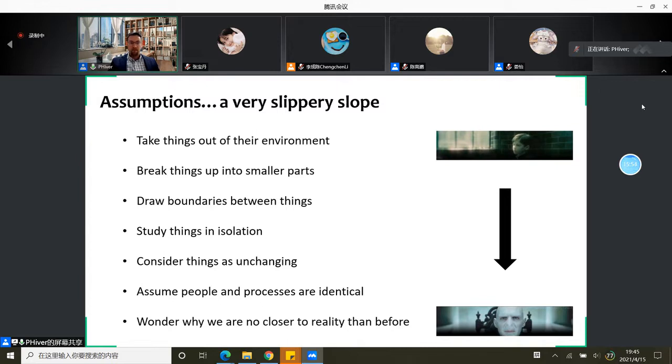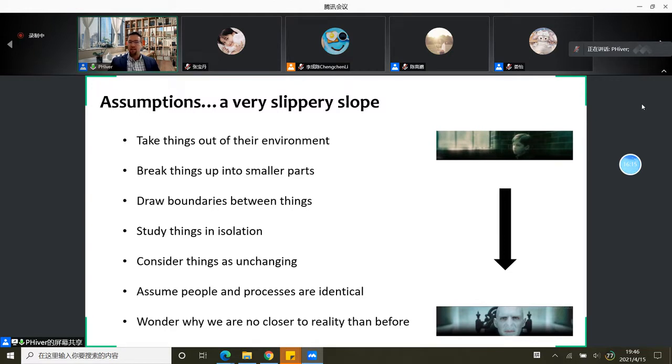By taking things out of their environment, we break things up into smaller parts and draw boundaries between things. And then we study things in isolation. Often we also consider things unchanging, and we assume that generally people and processes are identical across contexts.